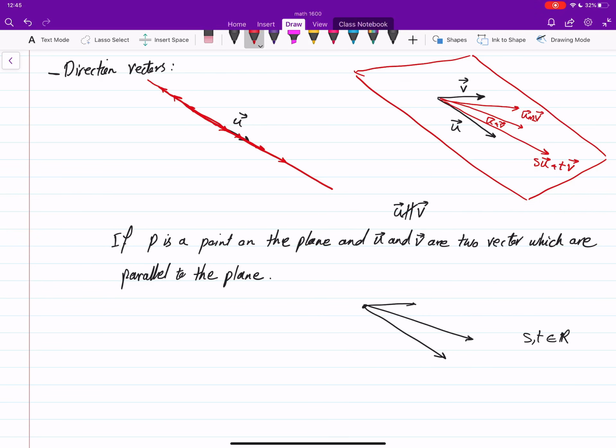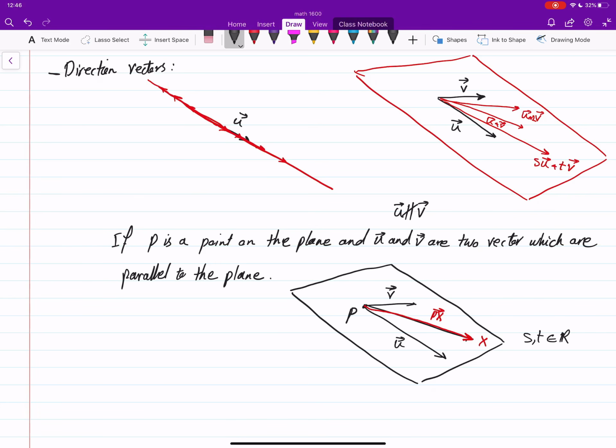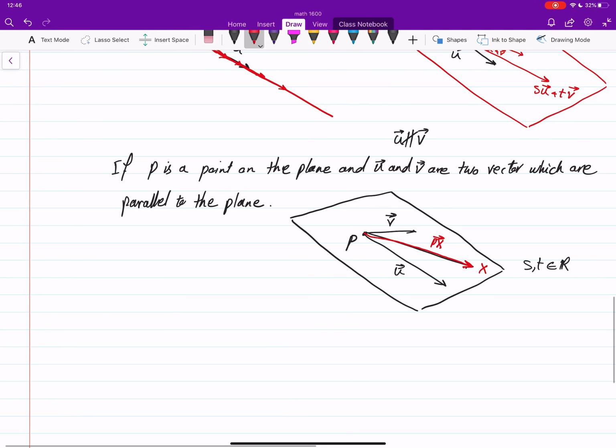So start from P. So let me just do this one, P, and then any point on this plane can be given as Px is going to be a linear combination of U and V. So it means that we can write Px as Su plus Tv.